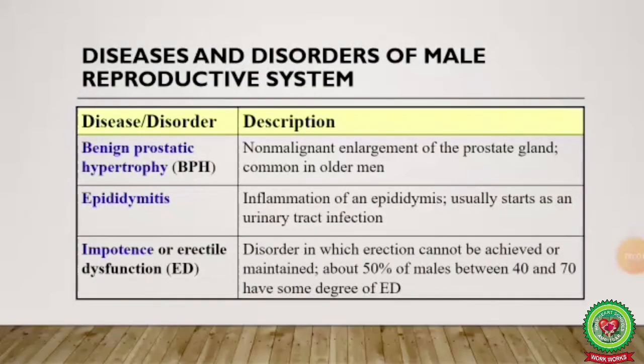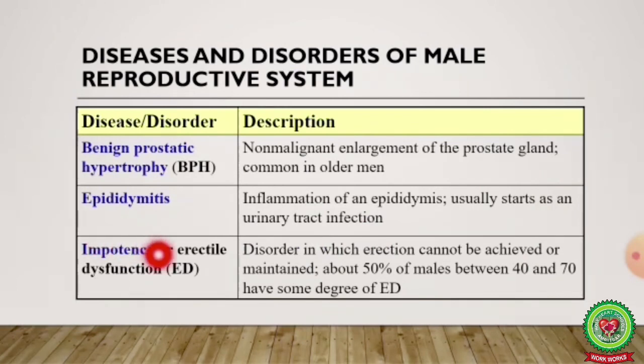Now, in the last, we are discussing diseases and disorders of the male reproductive system. The first one is benign prostatic hypertrophy, that is BPH, which is a non-malignant enlargement of the prostate gland common in older men. The second one is epididymitis, that is the inflammation of the epididymis, usually starting as a urinary tract infection.